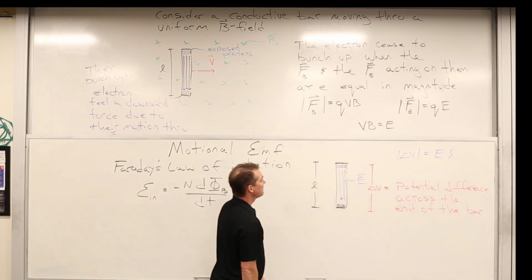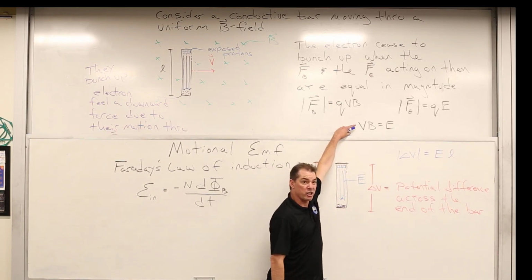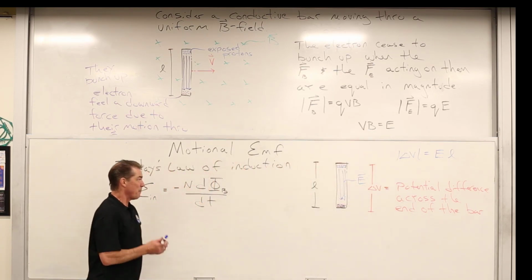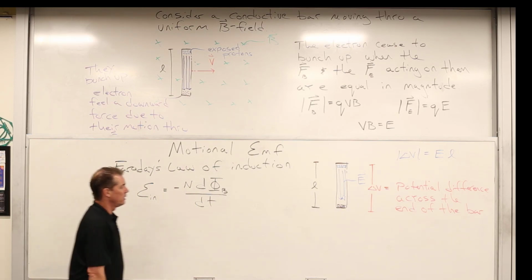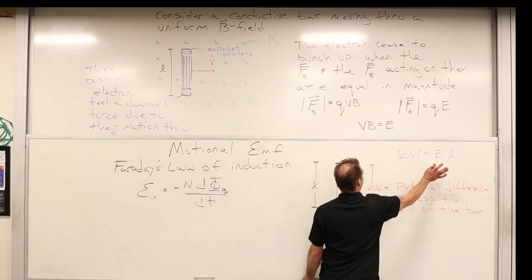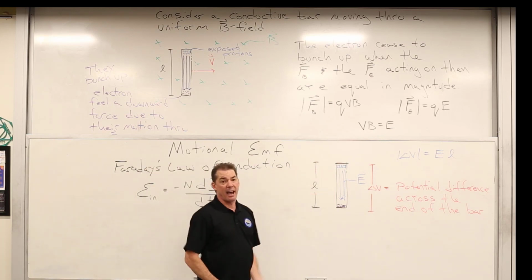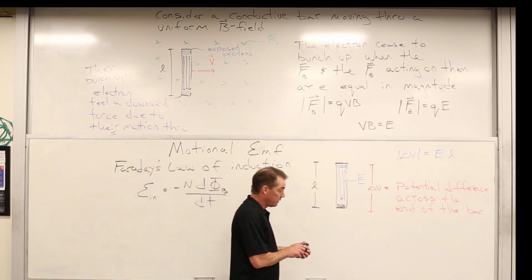So what can we do with that? Well, we've got this relation between the electric field strength, the velocity, and the magnetic field in the system. So with this and this, I can multiply both sides by L and turn that E side into delta V.